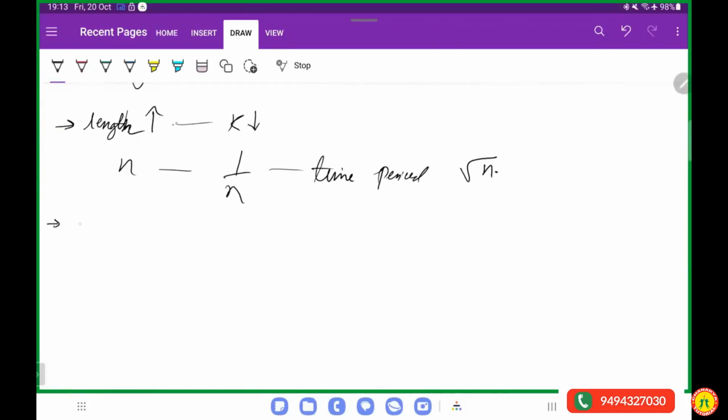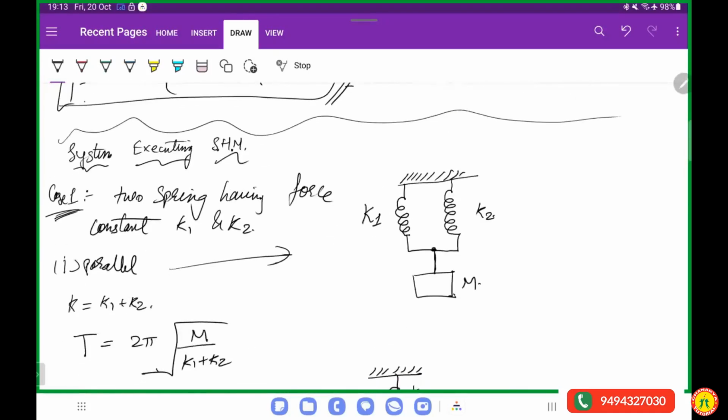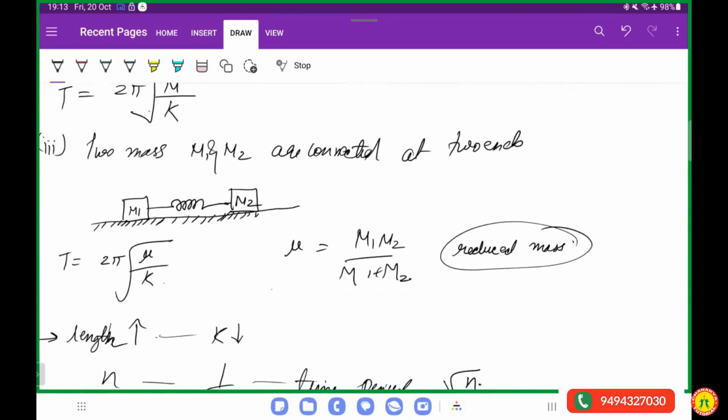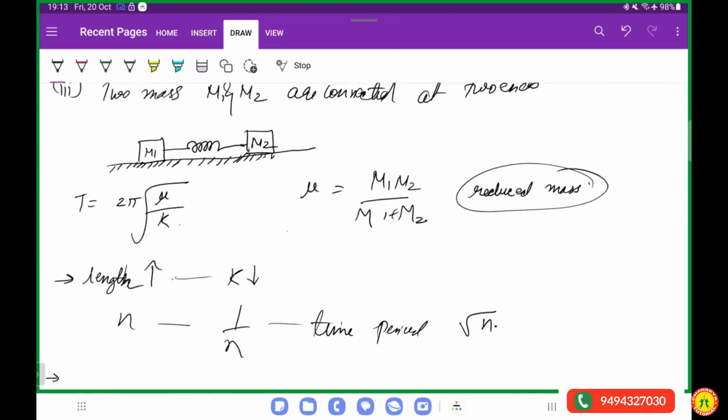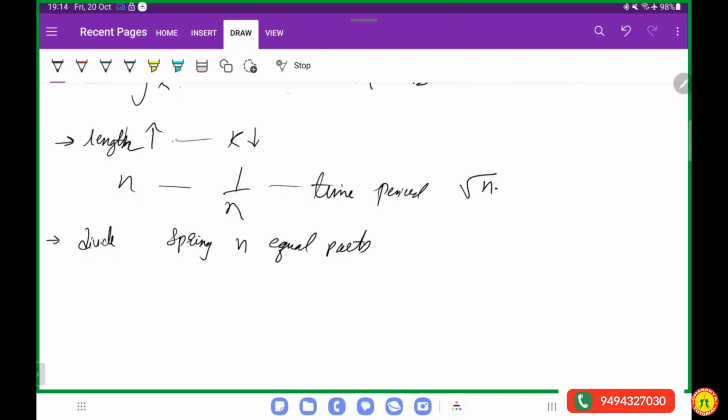Now, if we divide this spring into n parts, like first we saw parallel type, then series type, and then two masses connected with a spring end to end. Then we'll see here, if we divide the spring in two, or let's say n directly, n equal parts, the spring constant k will become nk.